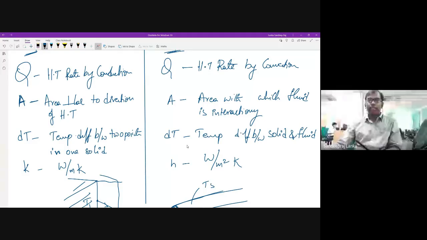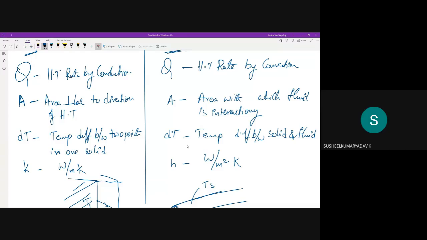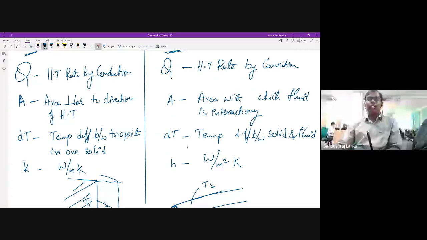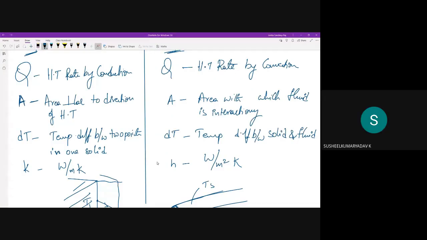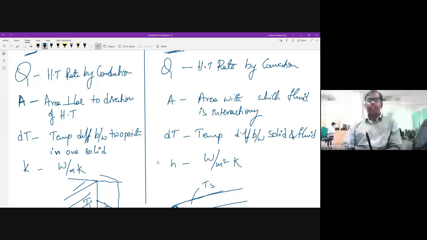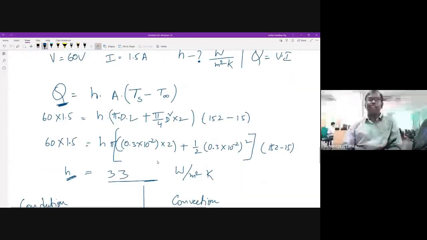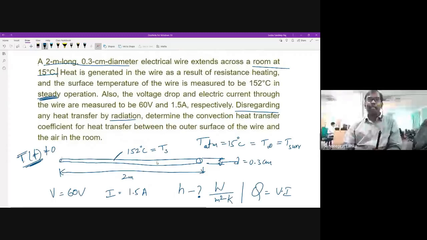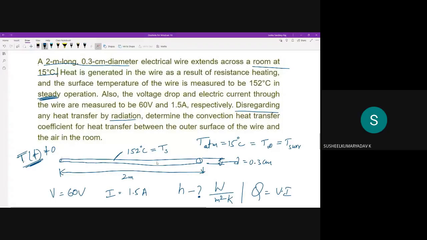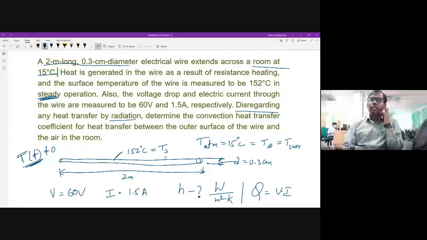Sir, how to find H in real life? We generally don't find the heat transfer coefficient directly. This is a real-time example that I have told you here. Can you measure the temperatures?